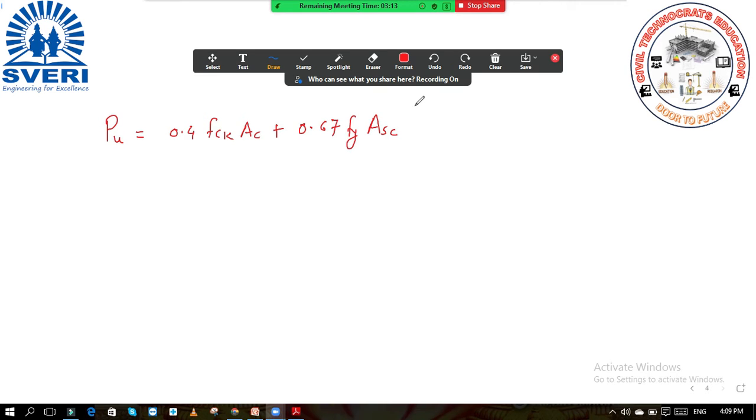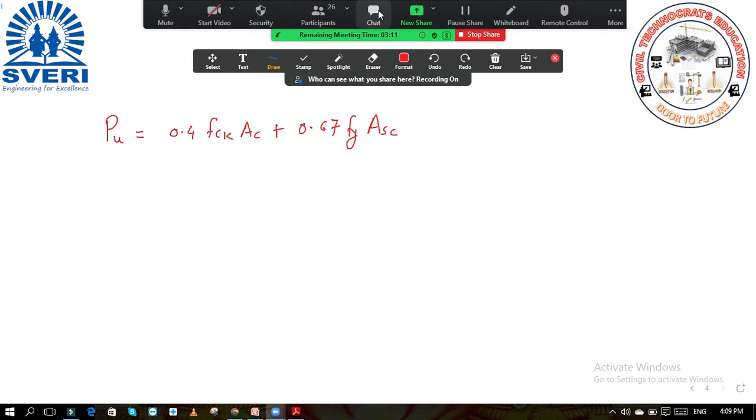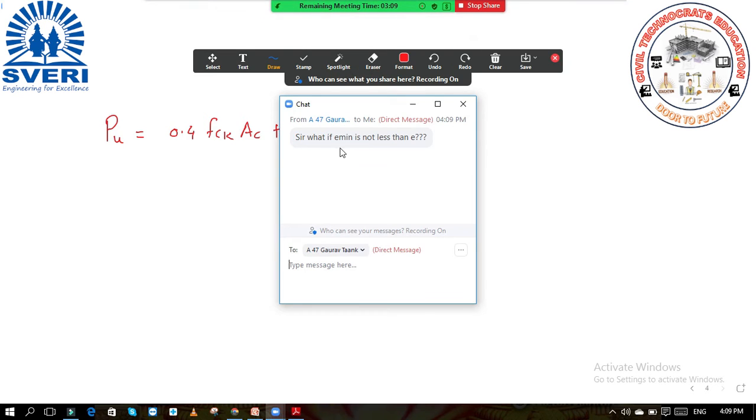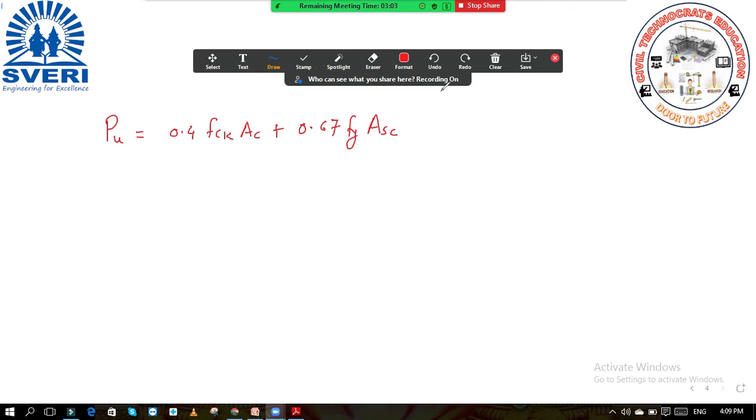I have got one question. Sir, what if E minimum is not less than E? If your E minimum is not less than E, the simple thing is to revise your column dimension.